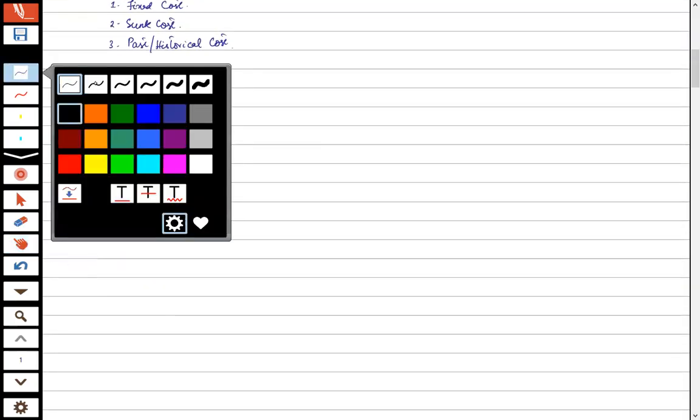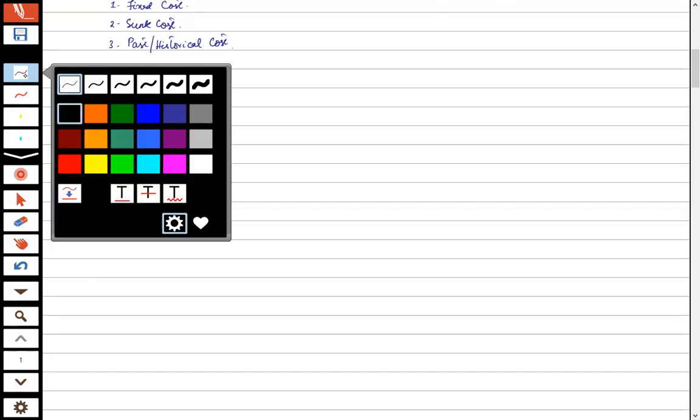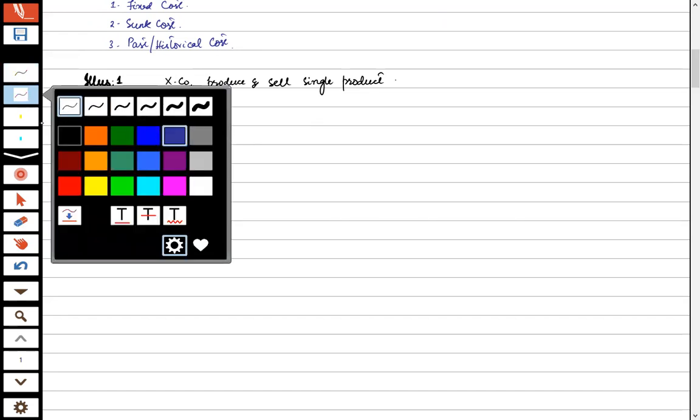Now, illustration one. This is company X, which manufactures and sells a single product. The details of that single product are as follows.